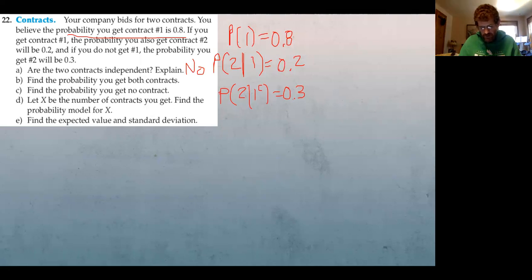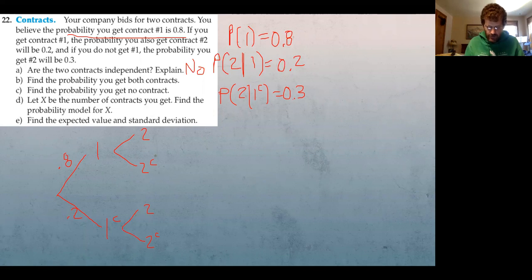I think the easiest thing to do right here is create a tree diagram out of it. So we could get contract one, we could not get contract one, and that breaks down like so. We could get contract two, we could not get contract two. And that depends, for some reason, on how we do with contract one.